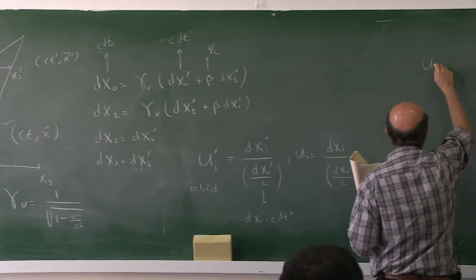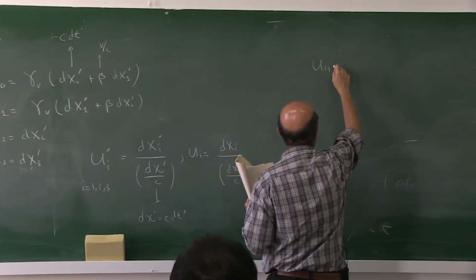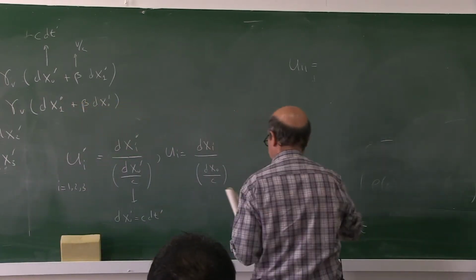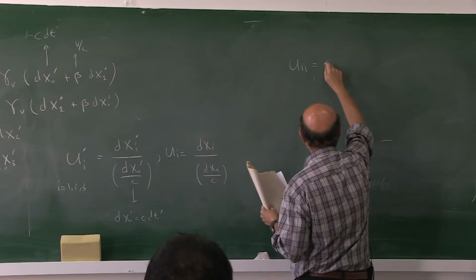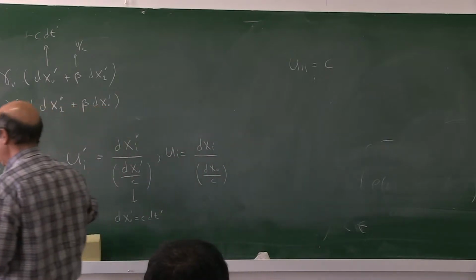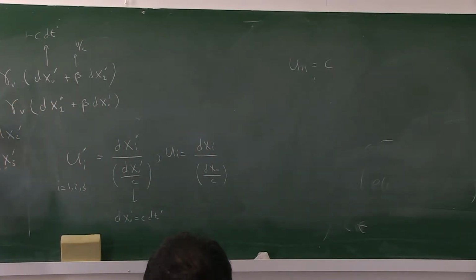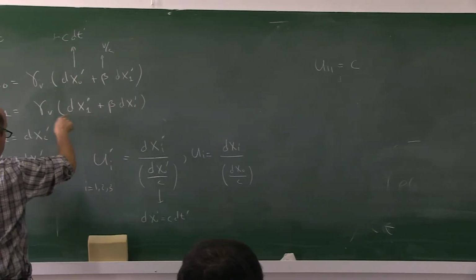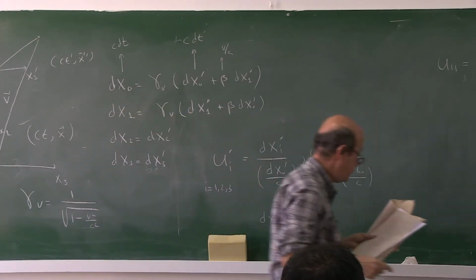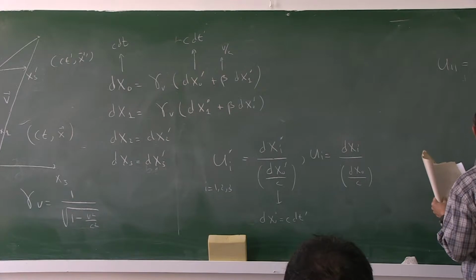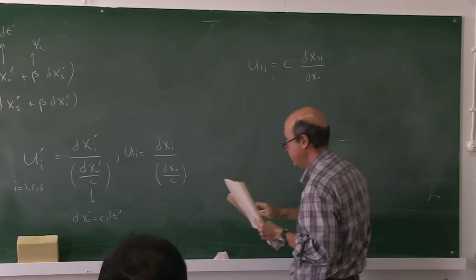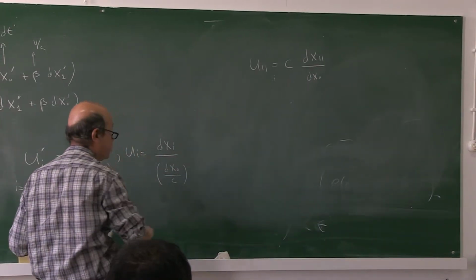For the parallel component, u parallel, the c's cancel, so dxi is nothing but dx parallel, the component of the Lorentz transformation parallel to the motion of the two frames. So that will be dx parallel over dx0, which is the application of this very simple formula.